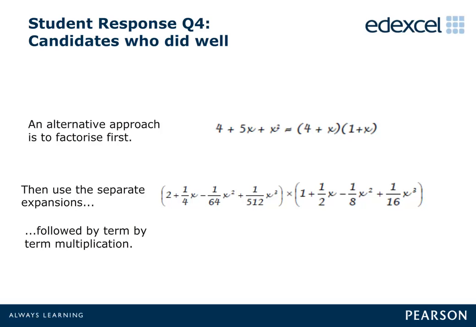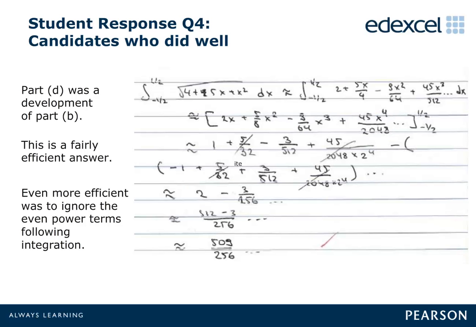Some candidates factorized the given expression first, used Part A, and then multiplied out the two separate expansions. We shall look at Part C in a moment.